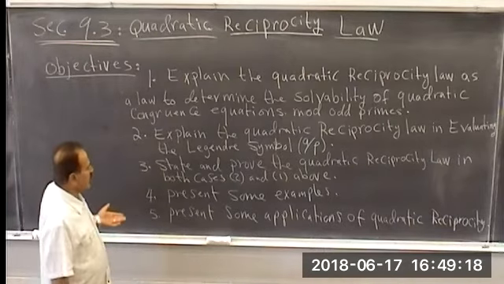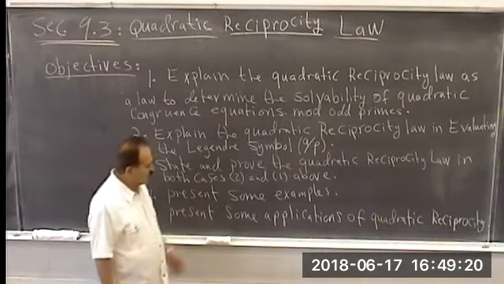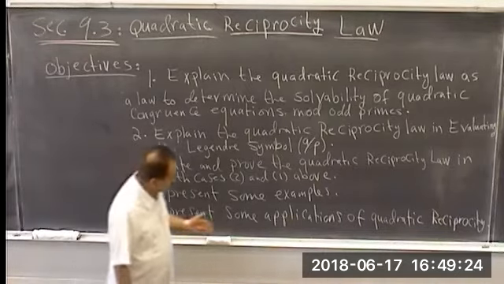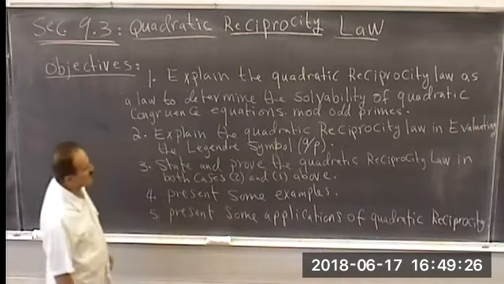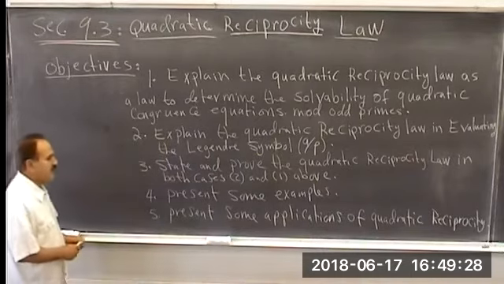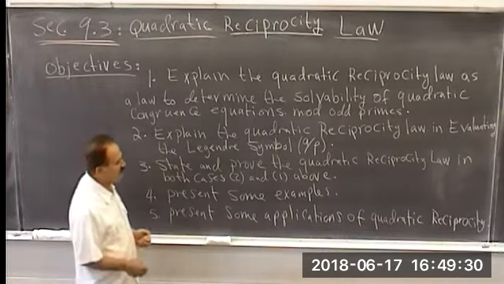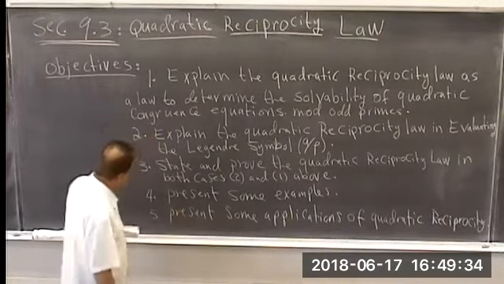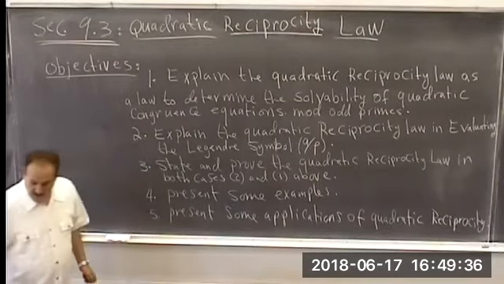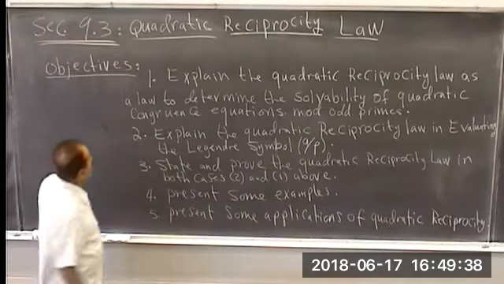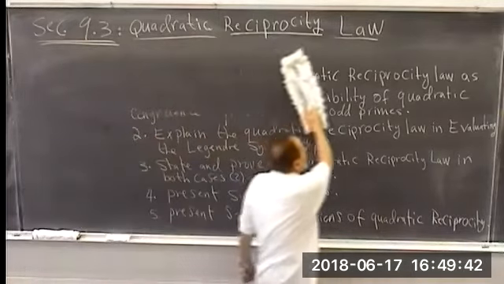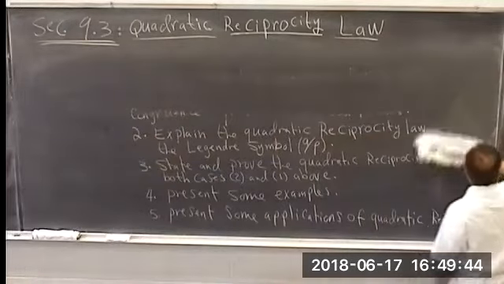Then we'll follow with some examples to illustrate how it applies, and then present an application of quadratic reciprocity: determining the quadratic character of the prime 3. All right, so let's get started.